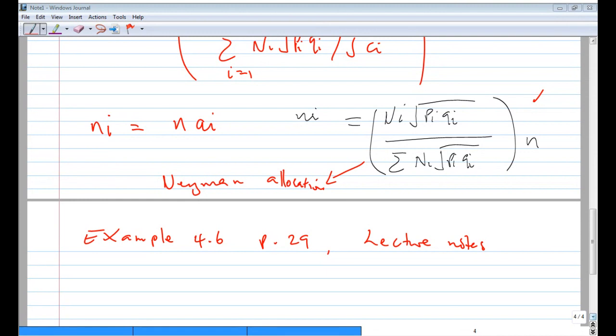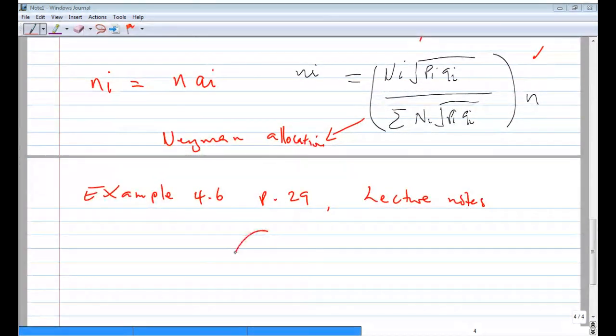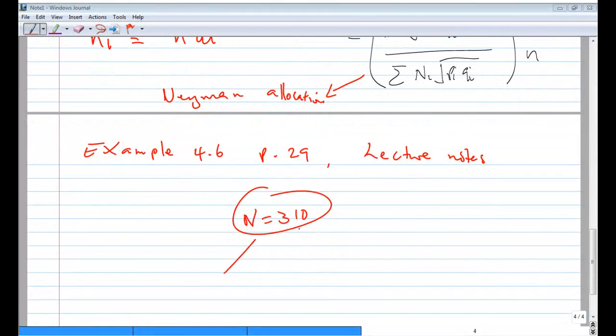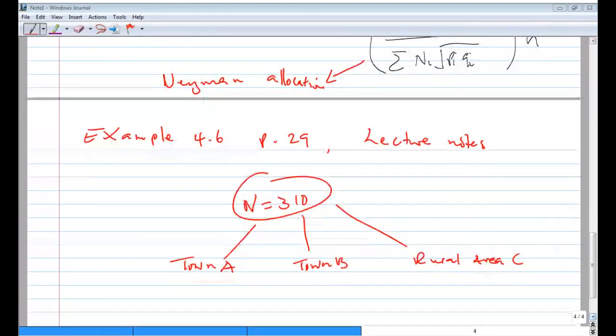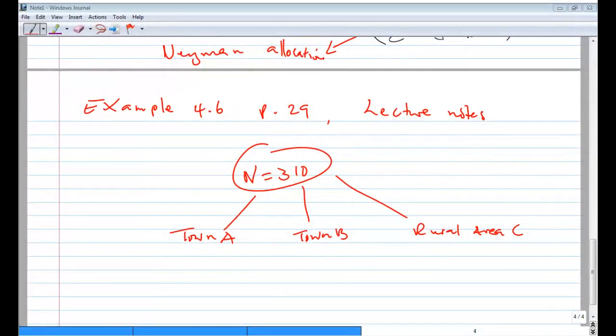So we have got the population size 310, which is divided into 3 strata: town A, town B, then rural area C. And you know that the population size for town A is 155.